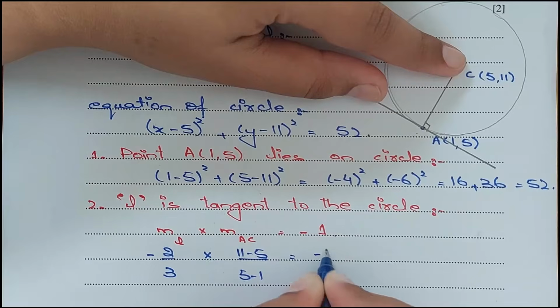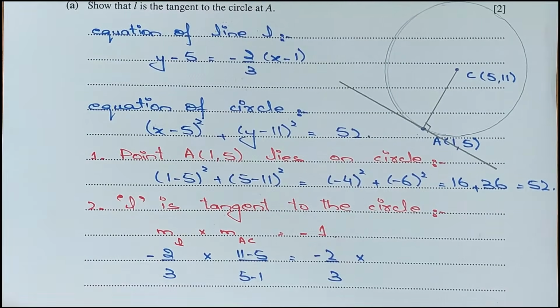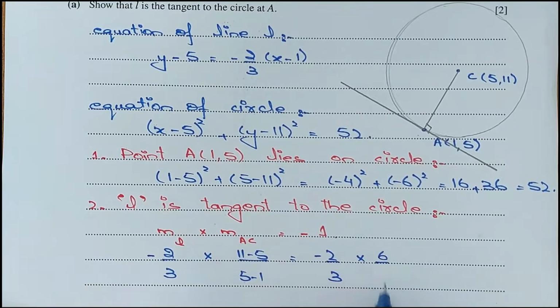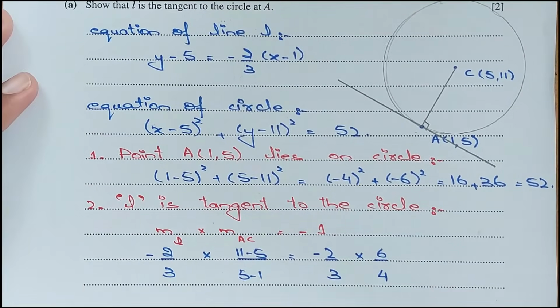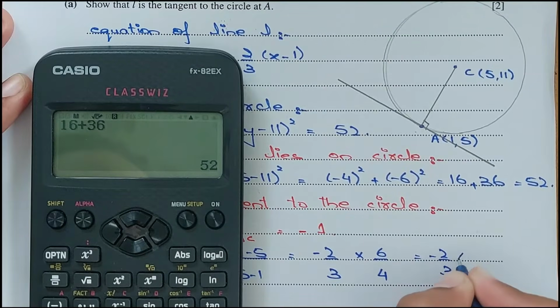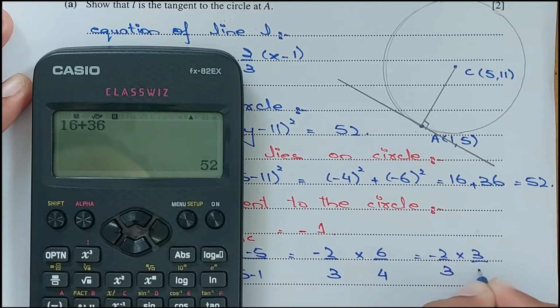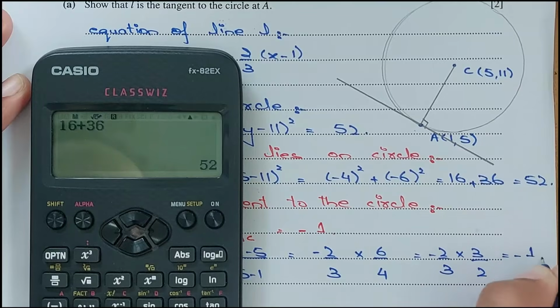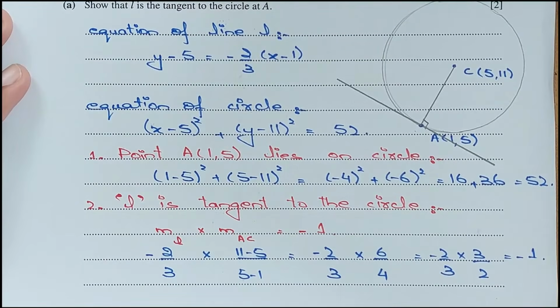So this is minus 2 by 3 times 6 over 4, right? So this is minus 2 by 3 times 3 by 2, which is -1. So it is proved that the line L is tangent to the circle at point A.